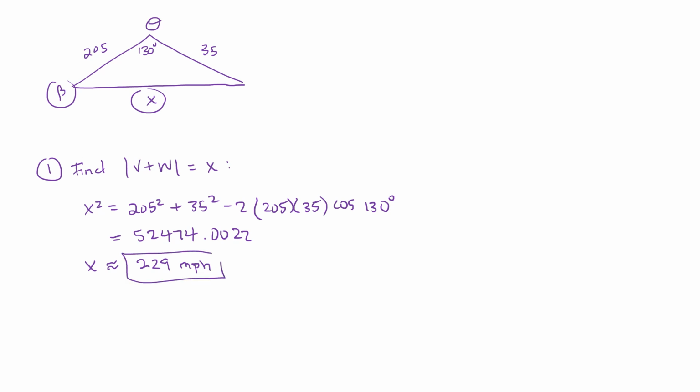Okay. All right, so I used the law of cosines to help me find my missing length, x, or in other words, the speed of the plane with respect to the ground. Okay. So now we are going to find the direction.